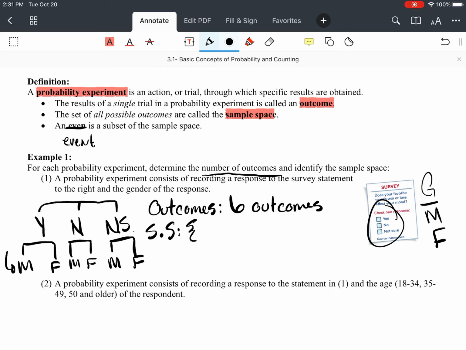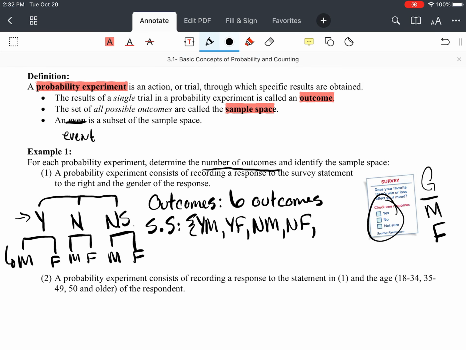Now when I look at this, on the first row, they could have said yes, and yes people could have been either male or female. Then if I look at no, what if they entered no? Well, the no people could have been male, or again, they could have been female.